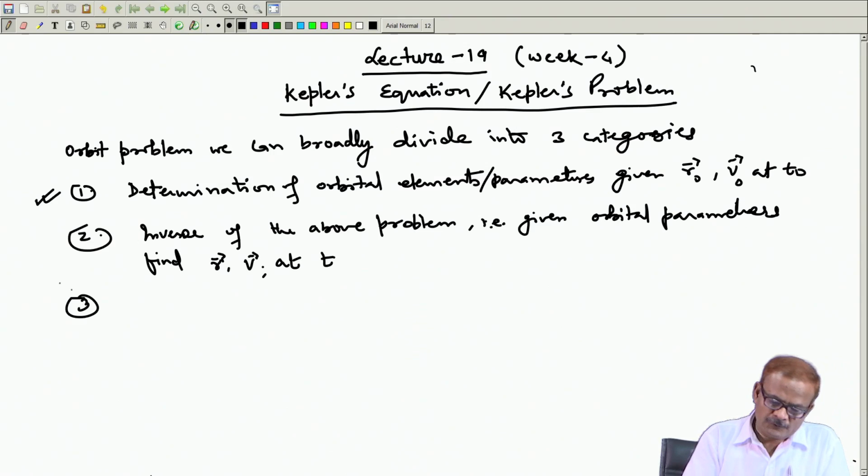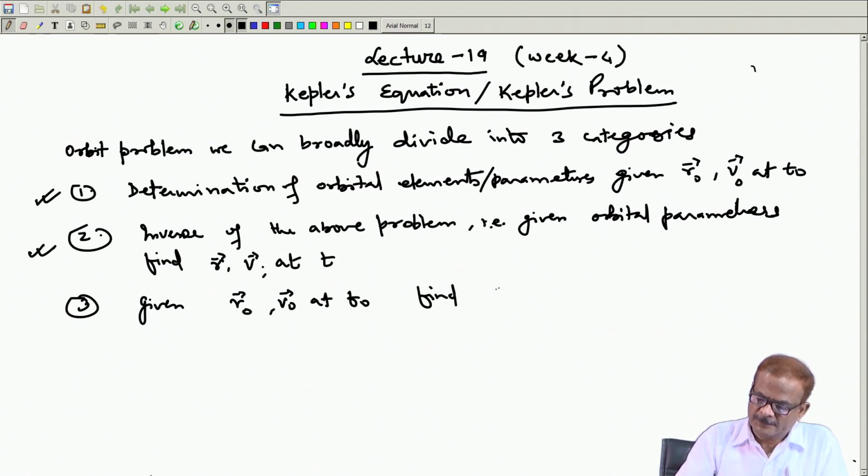And the third problem, so this also we have already done. The third problem is: given r0, v0 at t0, find r, v at t.